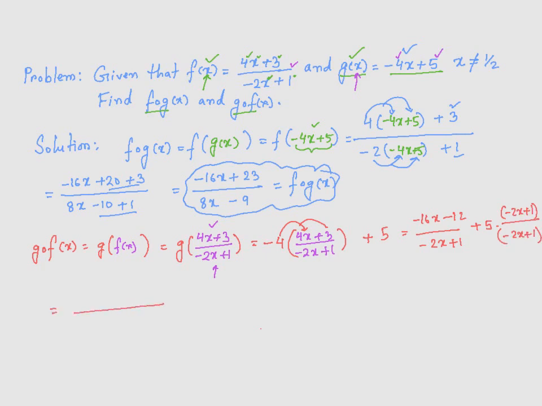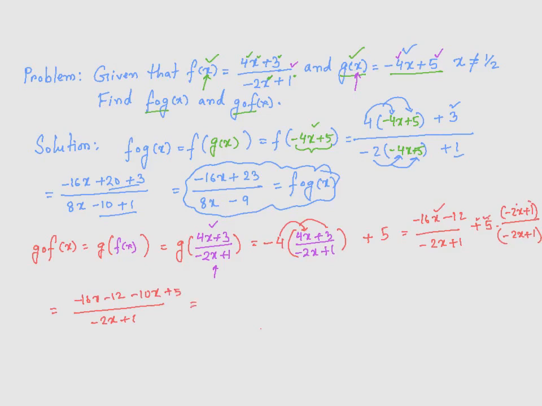So if I combine this, it's going to be negative 2x plus 1 in the denominator, and the numerator is going to be negative 16x minus 12, which is this, then plus this plus, now I have to distribute this. 5 times negative 2x is going to be negative 10x, and then 5 times 1 is 5.